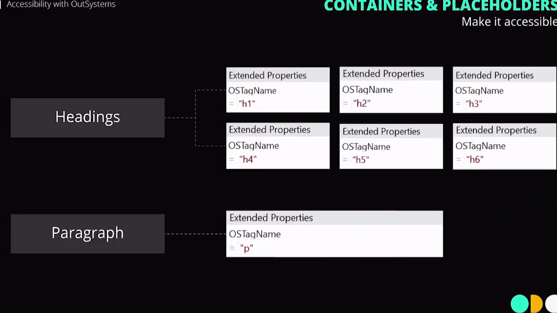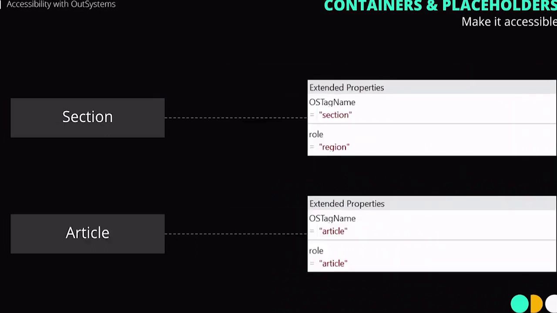For example, to create headings, we can do this with OS tag name, or to convert a container into a paragraph. It's really cool. But we can add some complexity to this. If I want to create a section and make it fully accessible, I use the OS tag name and the ARIA role.